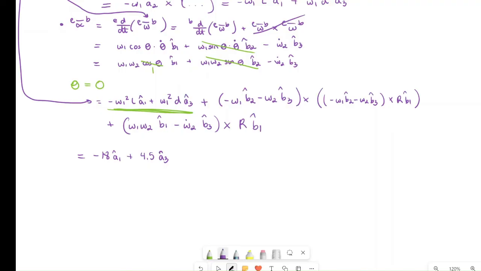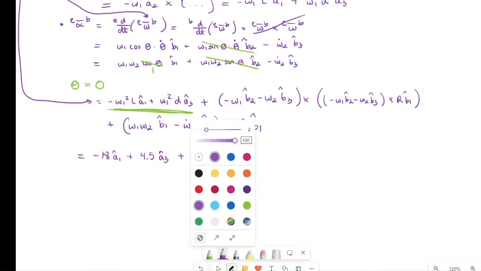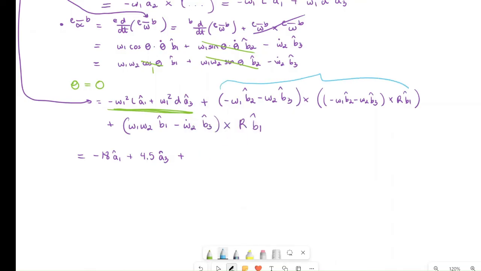Excuse me. Okay. And then we have this cross product thing going on. I'm just going to make this a little side story. So this is equal to negative 1. Okay, let's just do this.